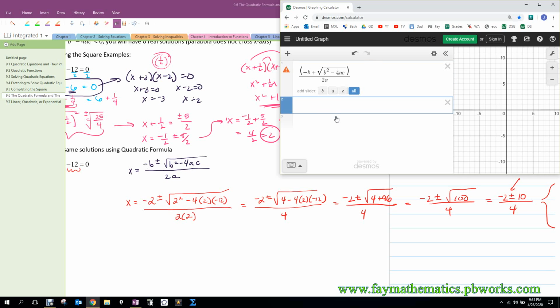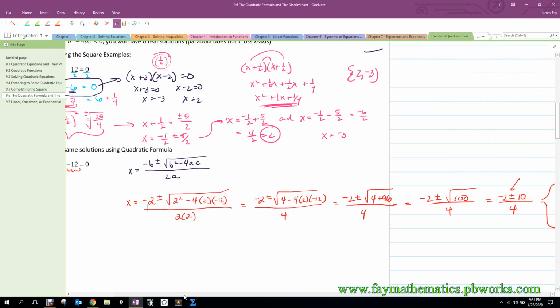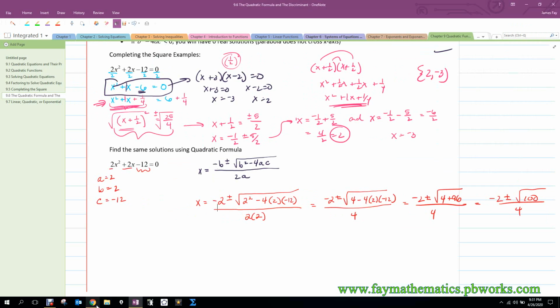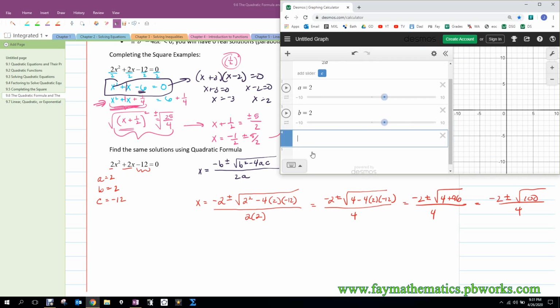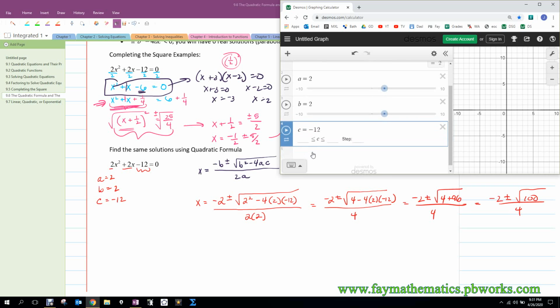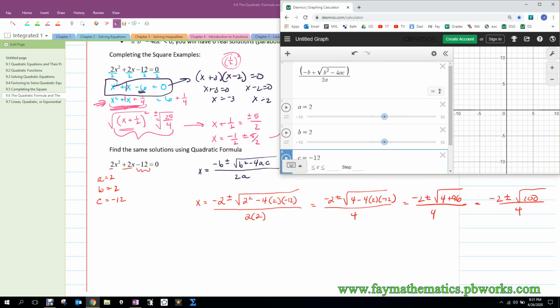And now I'm just going to say, okay, A, what was A? A was 2. What was B? B was 2 as well. Yeah, B was 2. And C was negative 12. And you can see right there, it gives the answer of 2. And then I just need to change that to a negative. Give me my answer of negative 3.